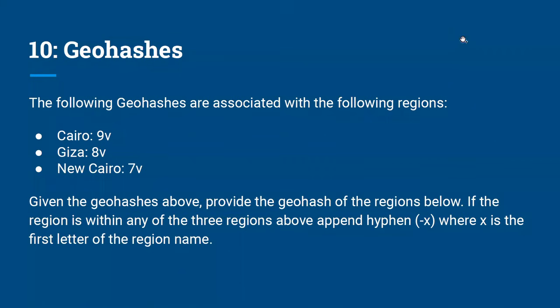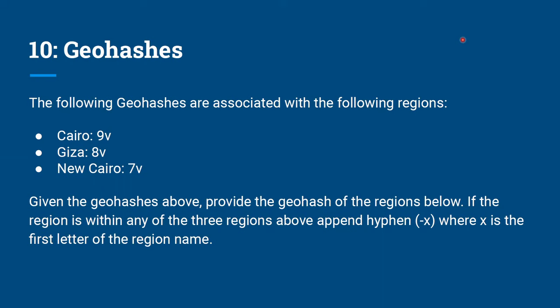Finally, the last part of this practice assignment, exercise number 10, which is on geohashes. The exercise goes as follows. The following geohashes are associated with the following regions, where 9V corresponds to Cairo, 8V corresponds to Giza, and 7V corresponds to New Cairo. Given the geohashes above, provide the geohash of the regions below.